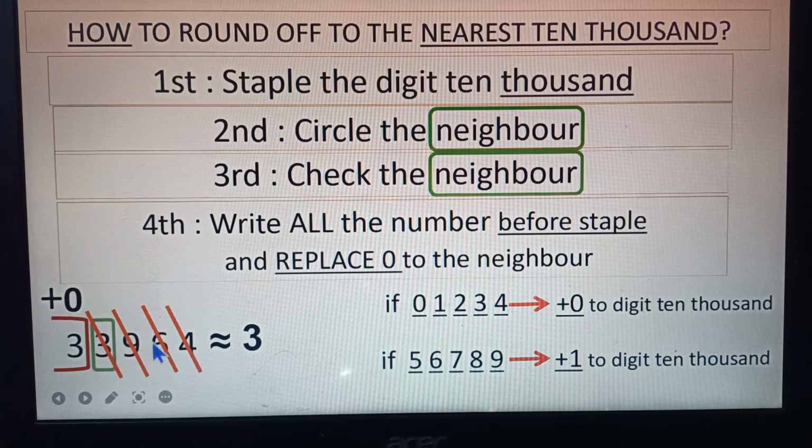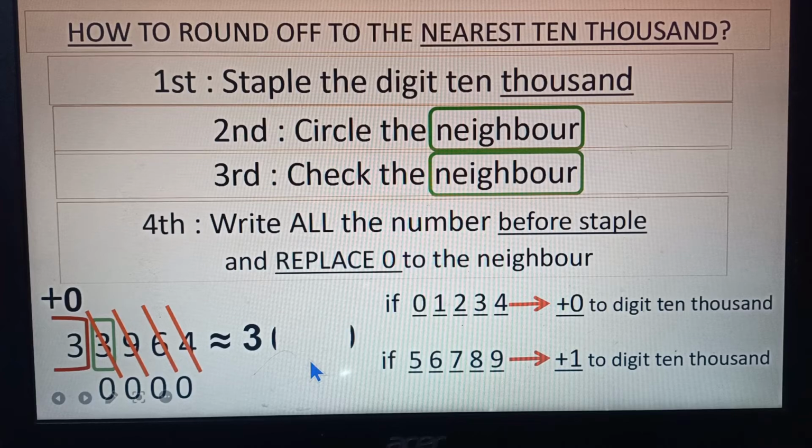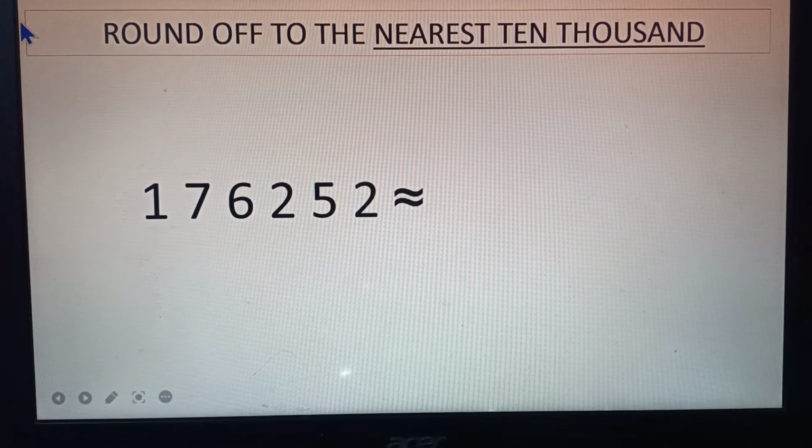And we replace dengan how many zeros? 1, 2, 3, 4. So you replace with 4 zeros. And you put here. And the answer is 30,000.